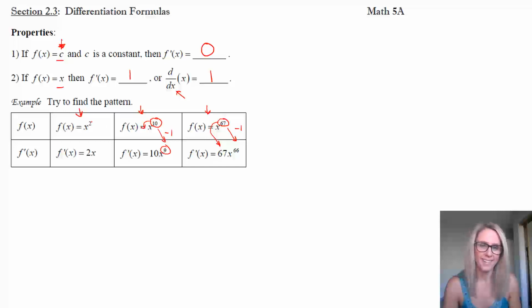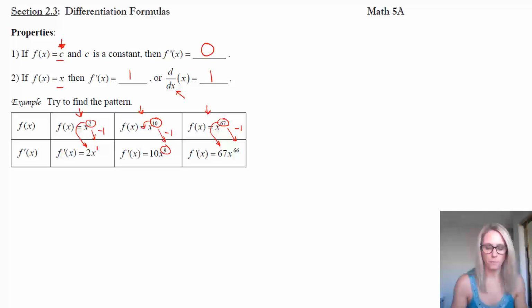And it's even happening here: notice that this does have a power of 1, so it heads to the front and subtracts 1. We just don't need to write the 1 at the bottom there.